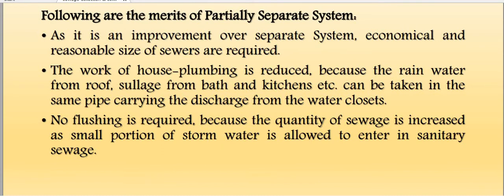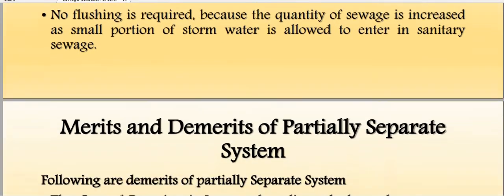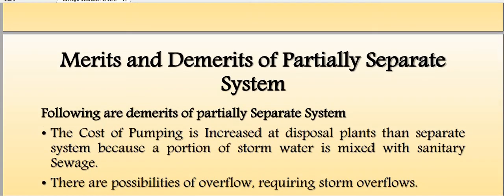When the sanitary sewage section gets filled and saturated with the self cleansing velocity, the water again starts to move in the separate system. So this is the major advantage of the partially separate system.